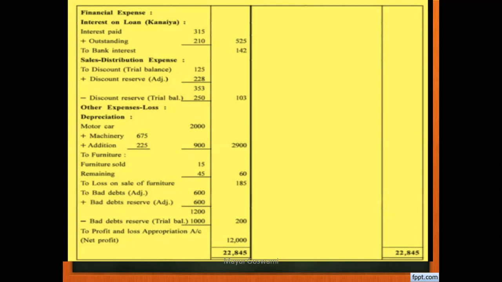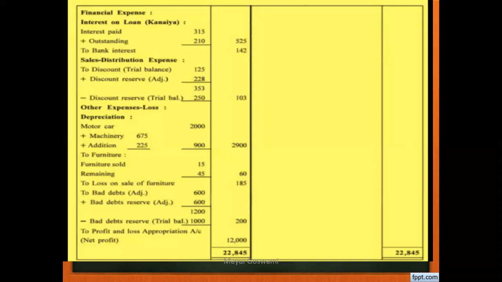Under that plus bad debt reserve adjustment. After one line minus bad debt reserve trial balance. So right now bad debt reserve trial balance is given, last item is given. So right there in the inner column 1000 rupees.